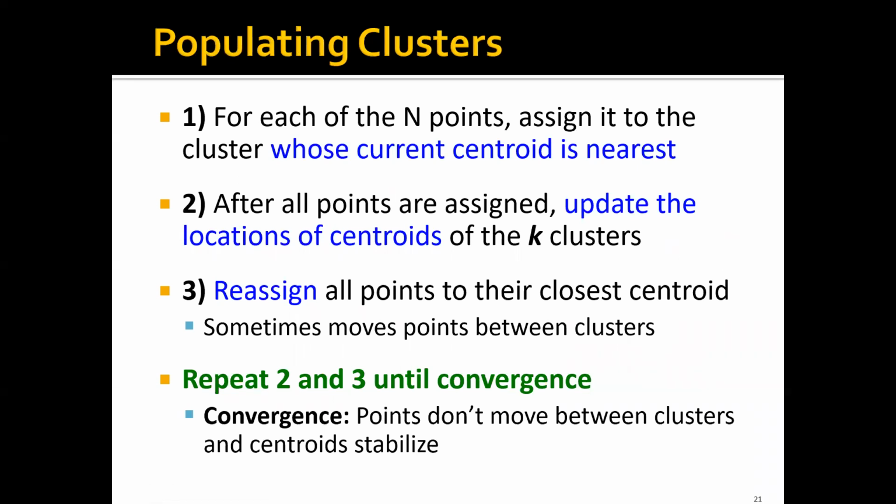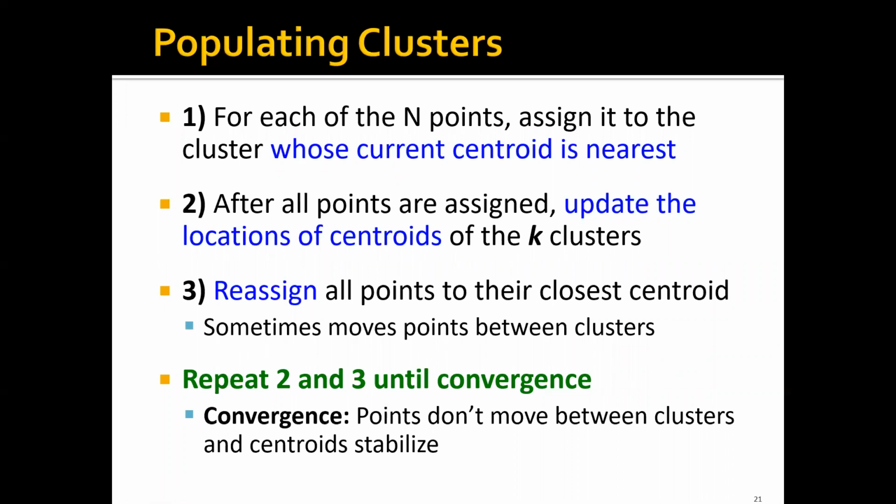And at the first step, for each of the n points, we will assign them to the closest cluster, basically the cluster whose current centroid is the nearest. And after all points are assigned, we will update the locations of the centroid of the k clusters, and then we will have new centroids. And since we have new centroids, in the first step, we will need to reassign all the points to their closest centroid.